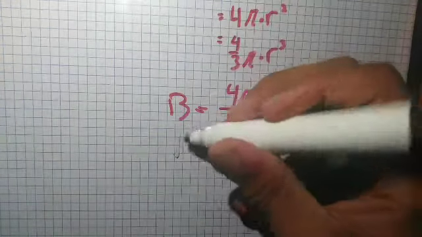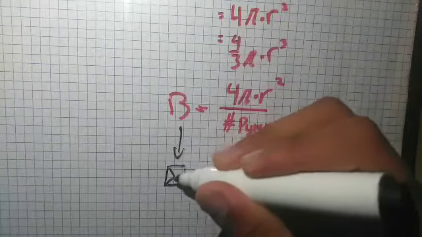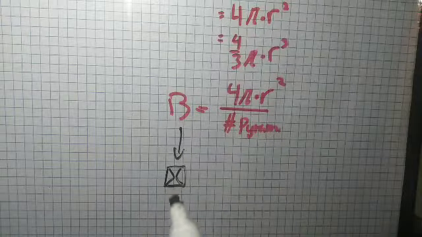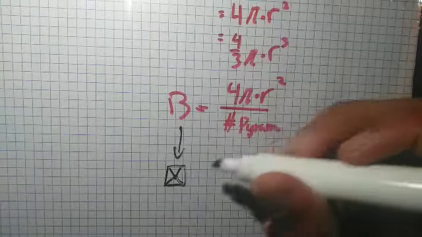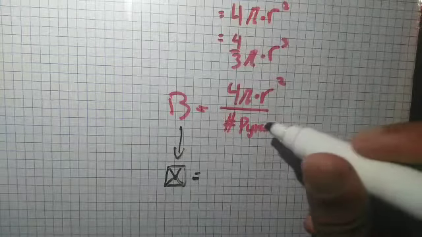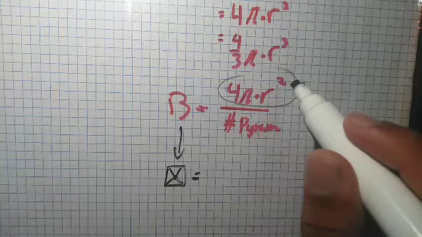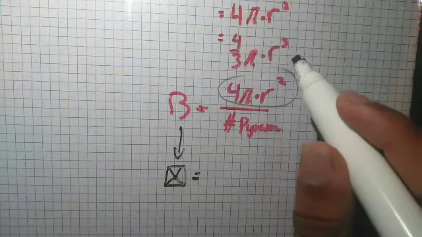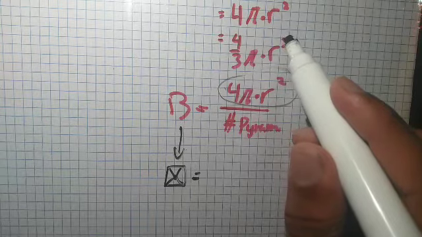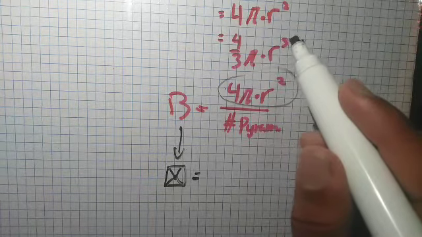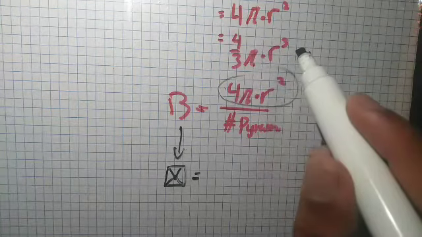B represents the base of our pyramids. We're looking at it from a top view. This is the base of our pyramids, which is a square, which is equal to this little equation we used over here to calculate the surface area of our cone, which in turn we found similar to the surface area of our sphere, that was inside of our cone.